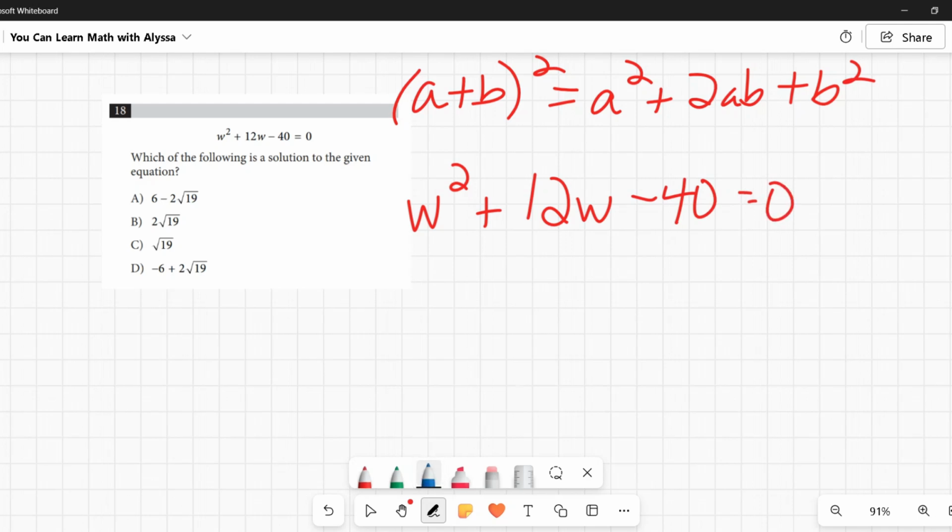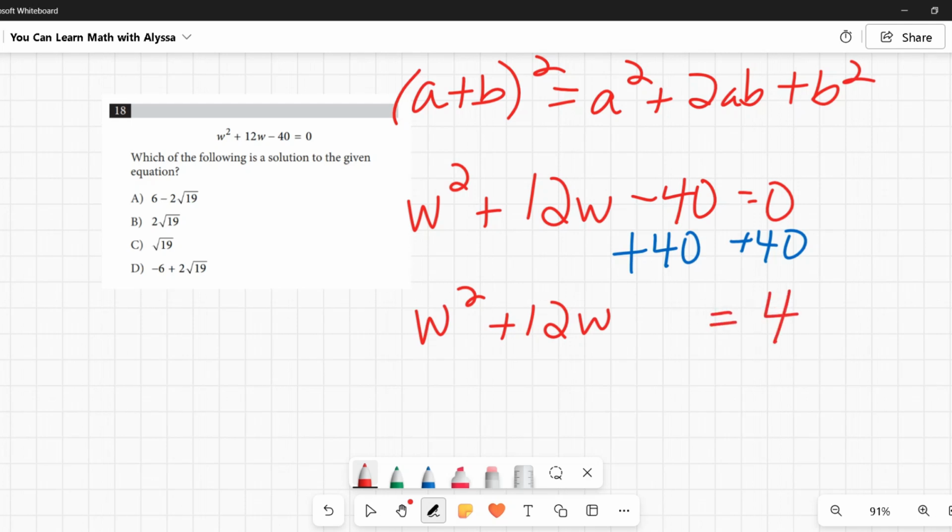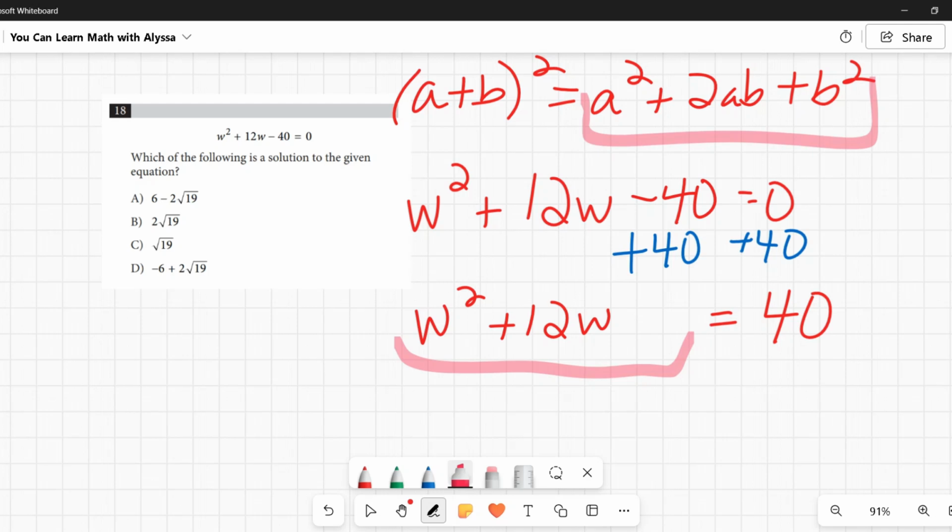I want the w squared plus 12w to be by itself. So I'm going to add 40 to both sides. I get w squared plus 12w, I'm going to leave a gap, equals, on the other side, 40. All right, w squared plus 12w. I am trying to convert this into a perfect square by following this pattern.